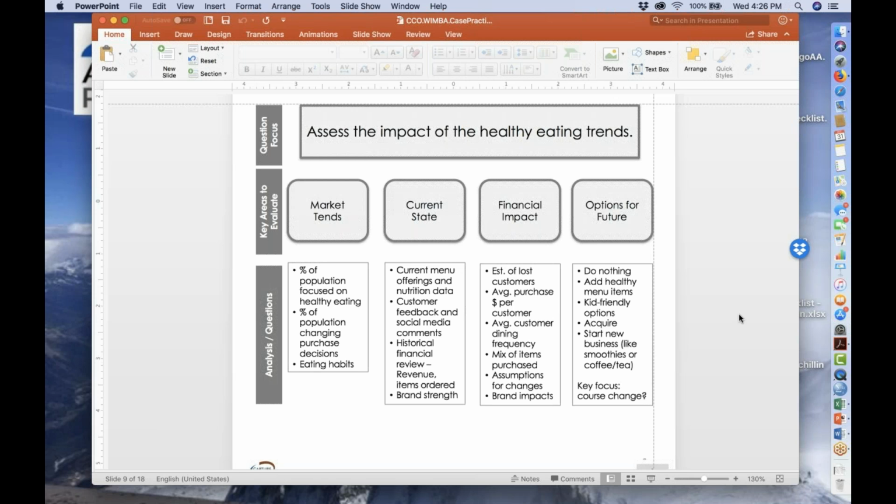So I've got some stuff about the market trends where I've really focused on the eating side of it. I haven't necessarily looked at the macro economy, but that's just trying to limit a little bit.